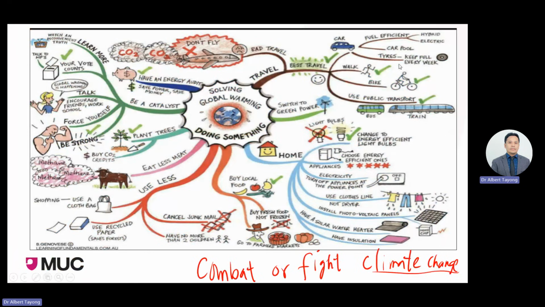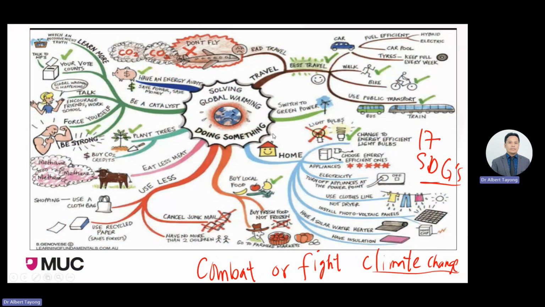So you can use this, or maybe you can have more ideas. You can even draw from the SDGs. We have 17 SDGs where you can talk about how to protect our environment, especially climate change and global warming.